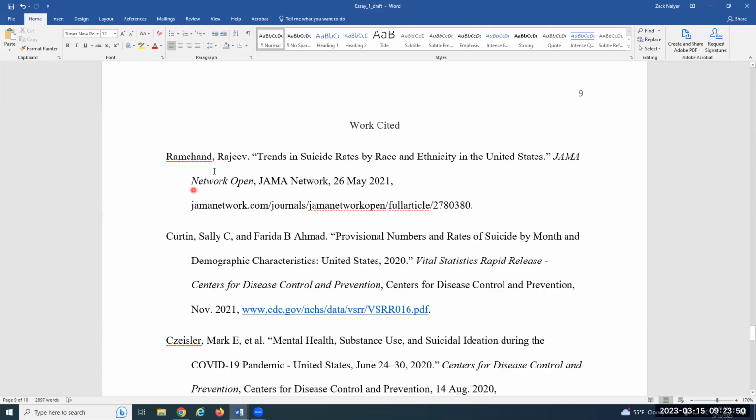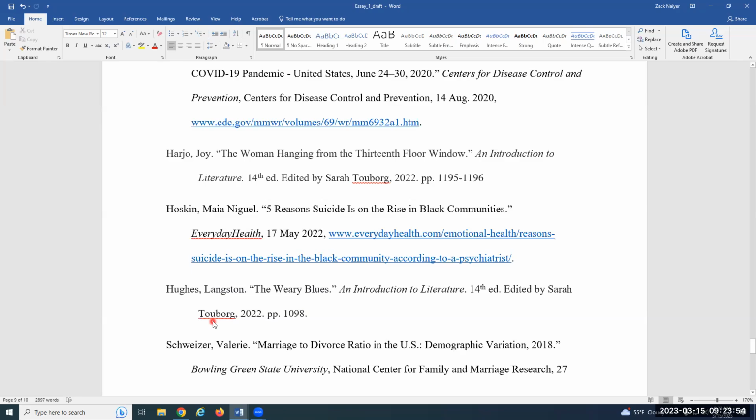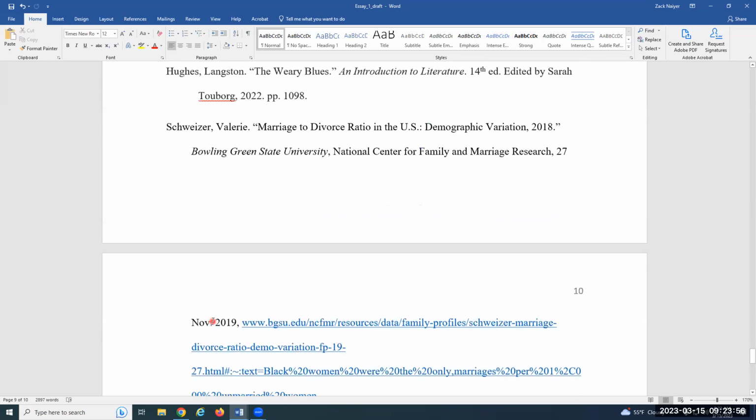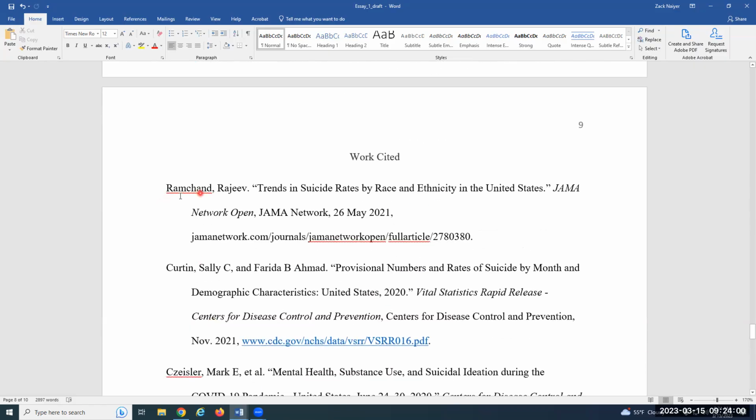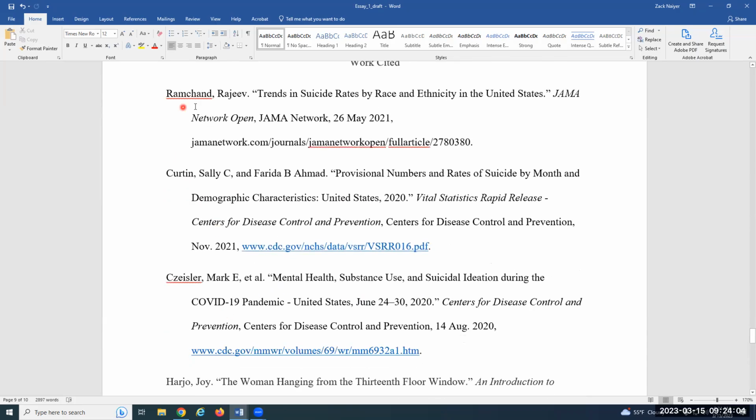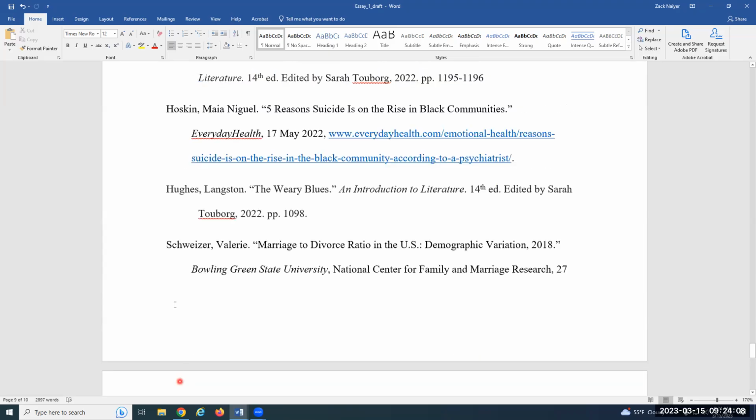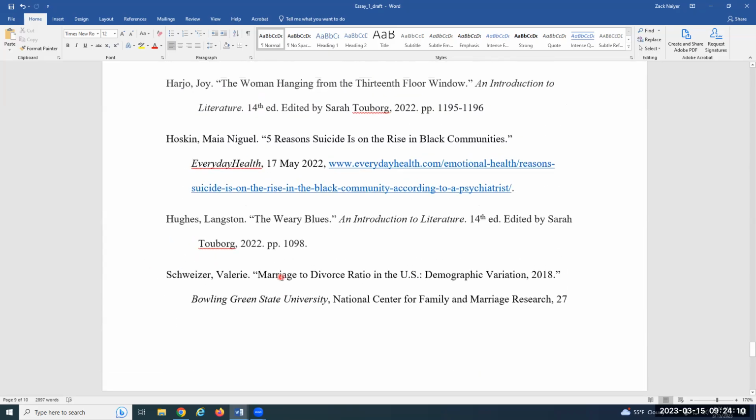And now, as far as the works cited, okay, so one thing is, for the most part it's in alphabetical order. This was the one outlier that was not in alphabetical order. Obviously, this should be alphabetized like here, right?